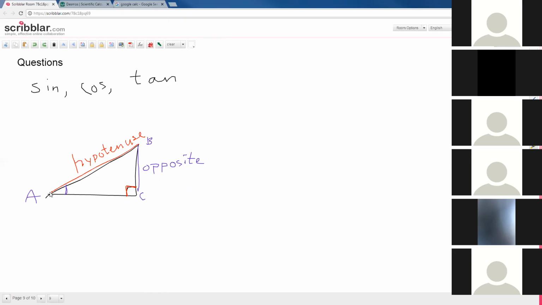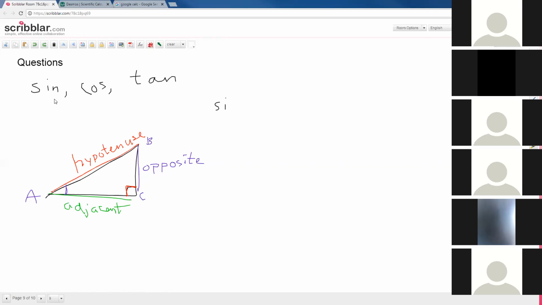And then if it's touching the angle they talk about, if they say find the sine of A, then the side touching that angle A is the adjacent. So we need all that information because these trig functions involve 3 formulas, but the formulas involve these angles and these sides, so we need to understand them first before we could even bring up the formulas.